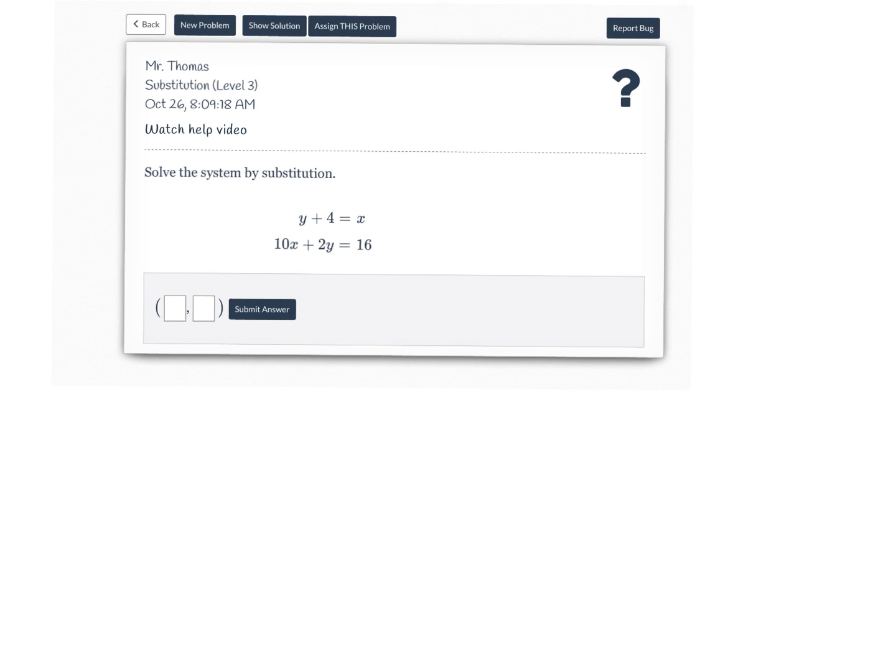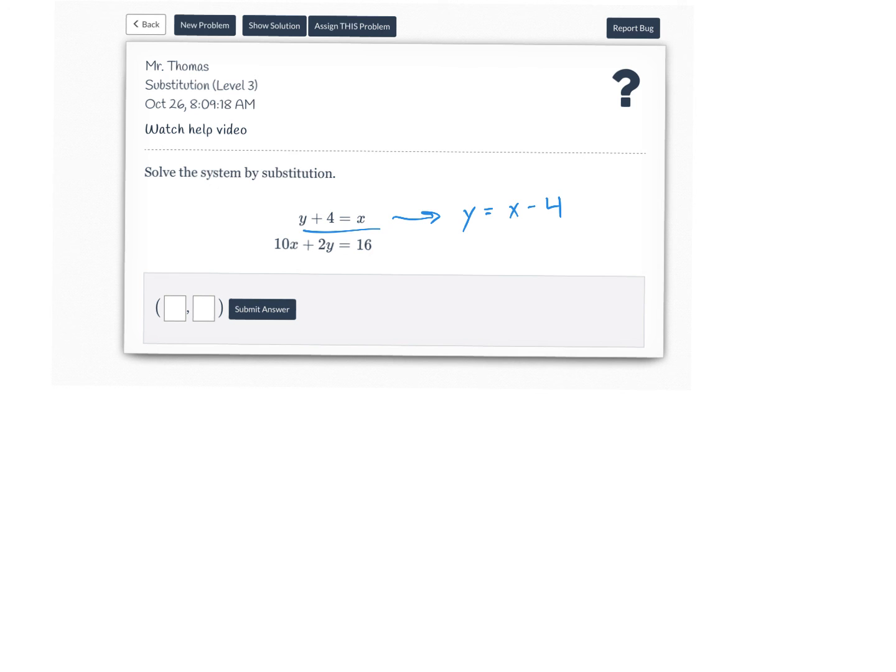But I have an idea. I'm just going to solve the first one for y. I'm going to get y by itself for the first one. So this equation, I'm going to say y equals x minus 4, okay? And then this is what I'm going to do.